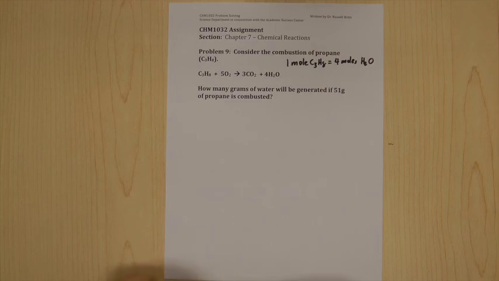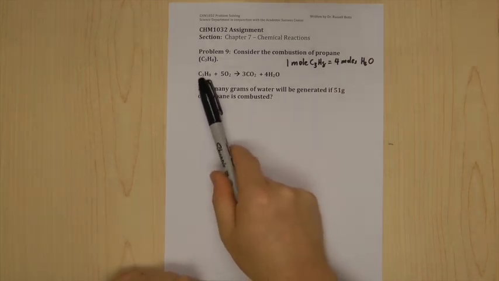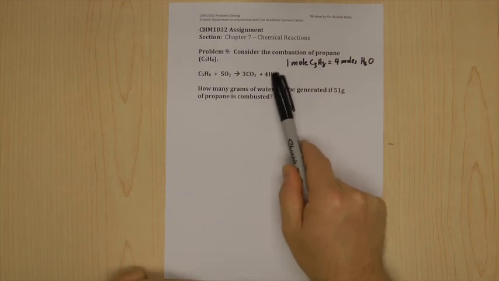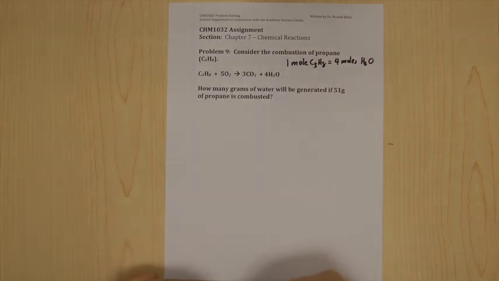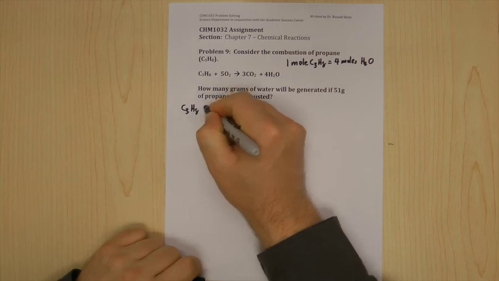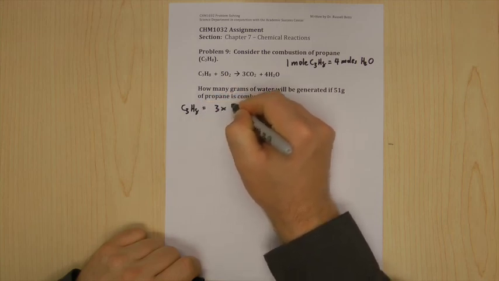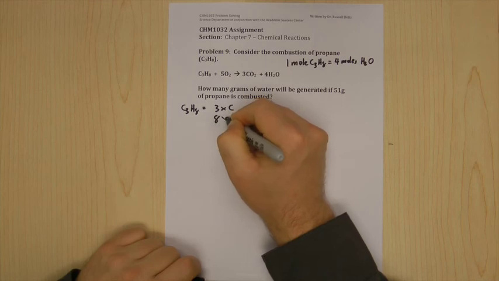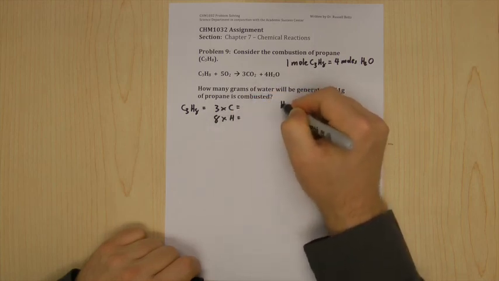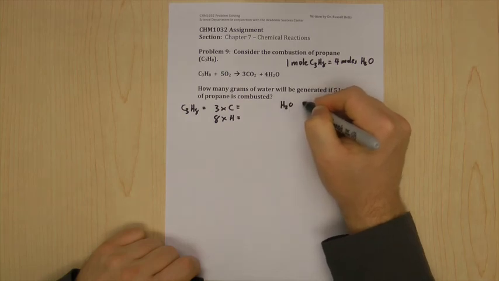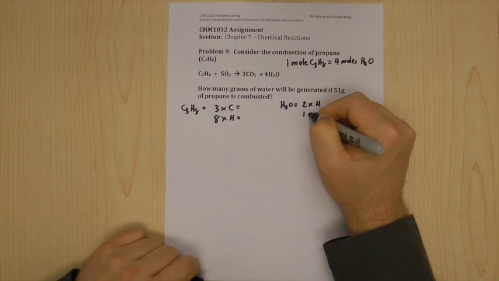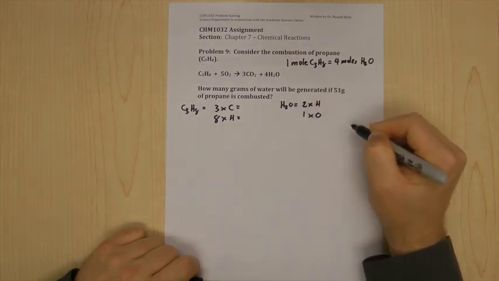So the first thing we have to do is figure out the atomic or the molecular mass of propane, and while we're at it, we may as well figure out the molecular mass of water. So C3H8 equals 3 times carbon, 8 times hydrogen. Water is 2 times hydrogen, 1 times oxygen.